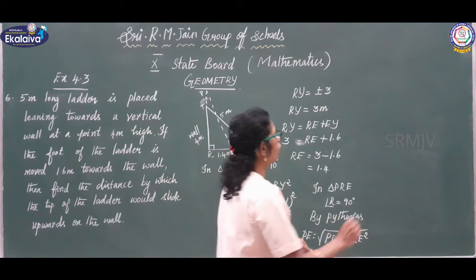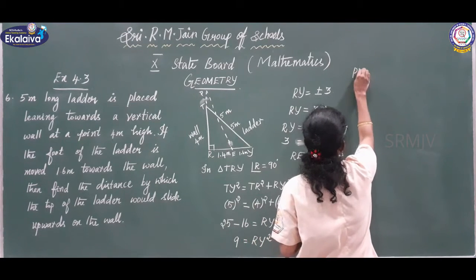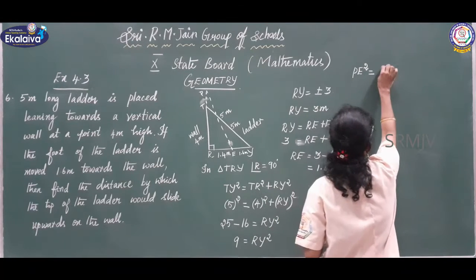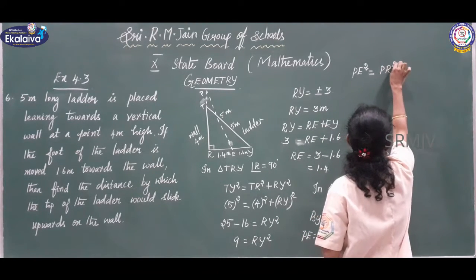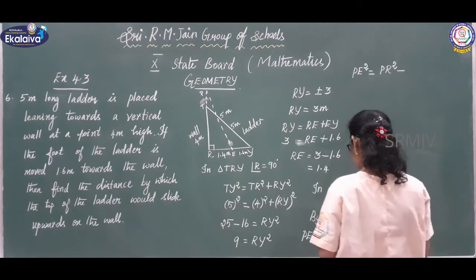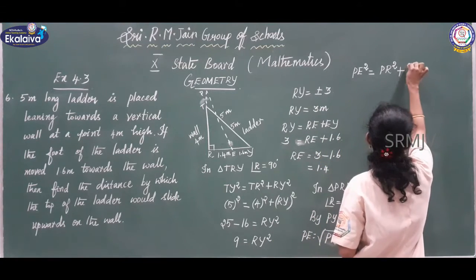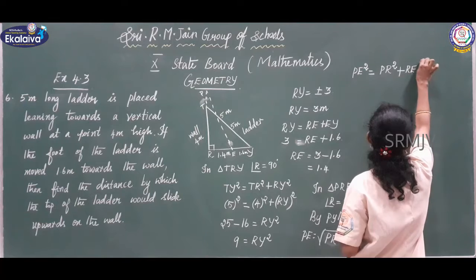Right? Now, PE square equals PR square plus, children, plus RE square.